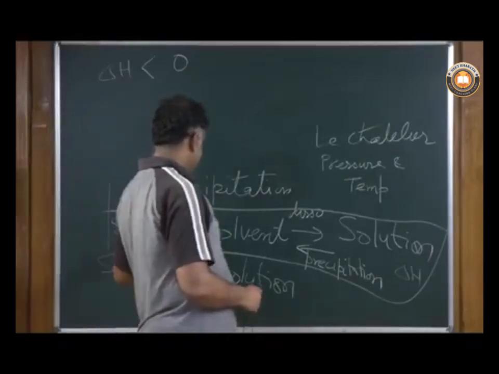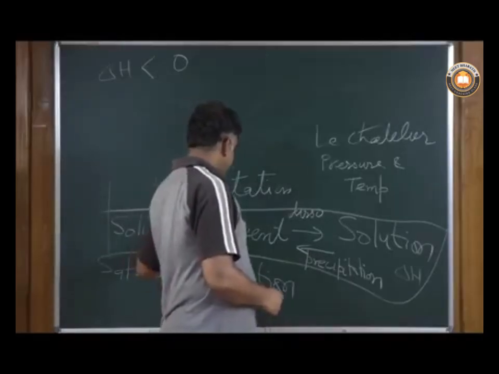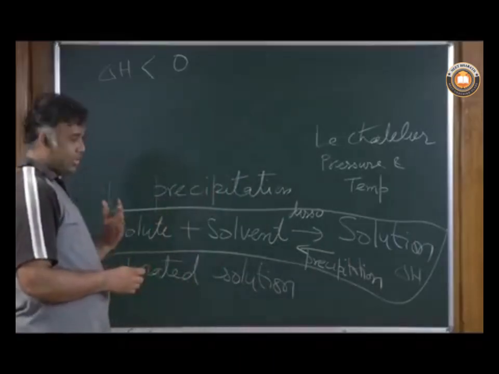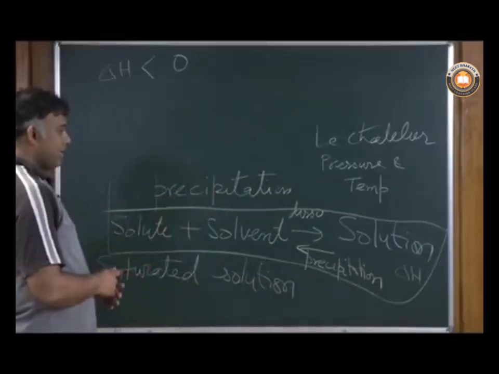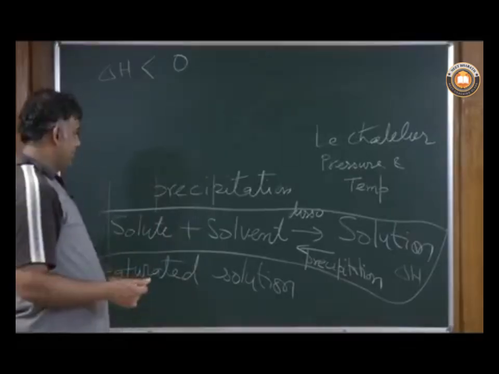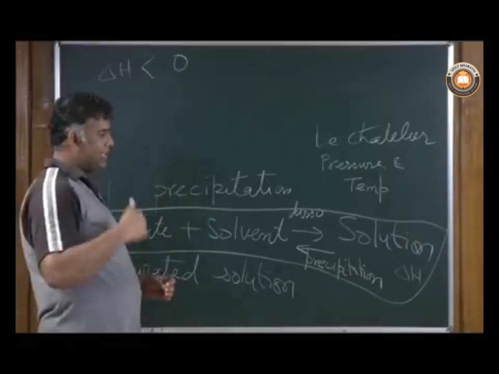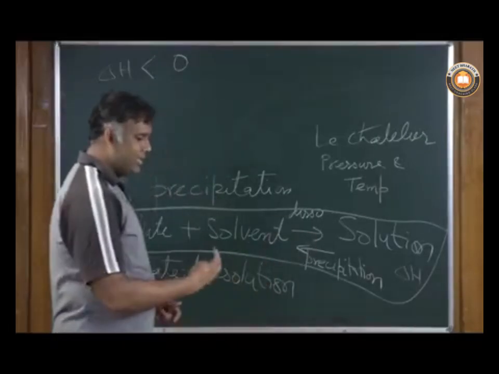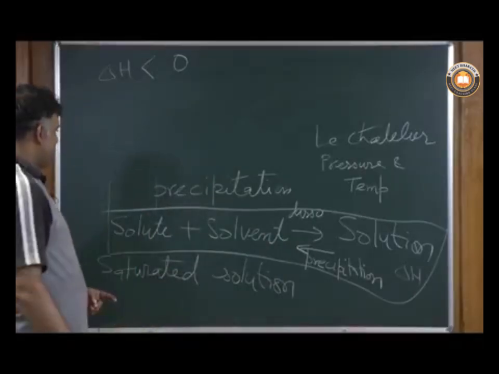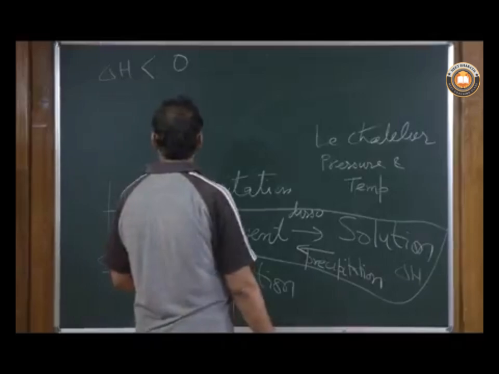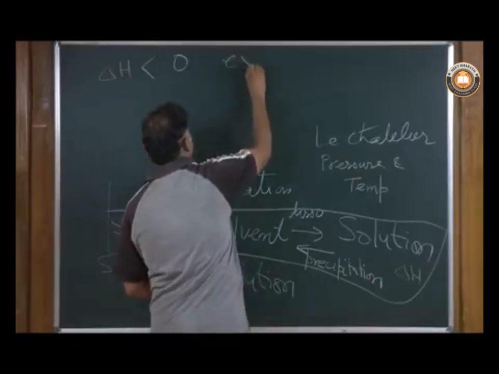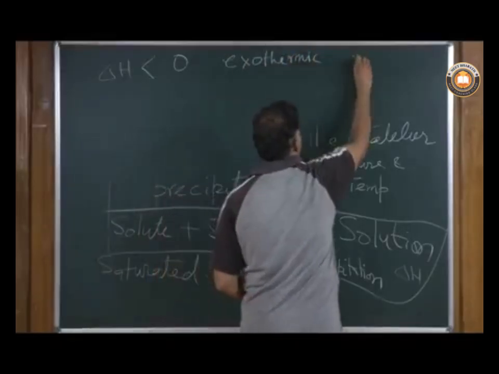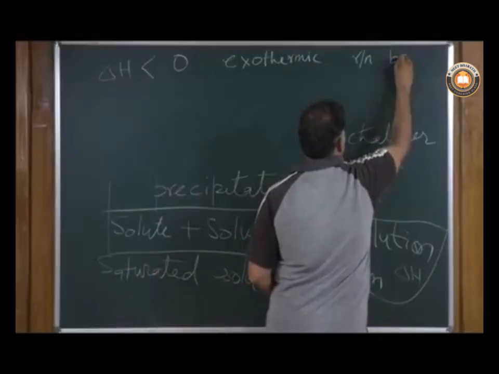If the reaction goes forward and heat is liberated, the system has more heat, so the temperature would increase. But Le Chatelier says the reaction will move in a direction where the stress can be minimized. So, it has to move in a direction where the heat is absorbed if we increase the temperature. So, it is clear that for an exothermic reaction, the reaction will move in the backward direction.